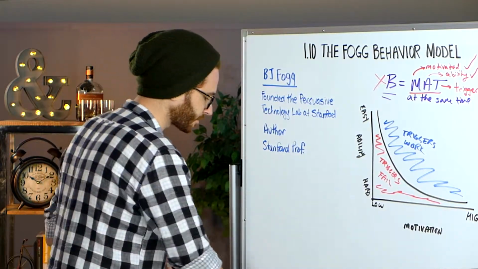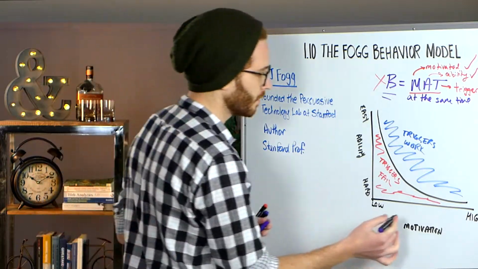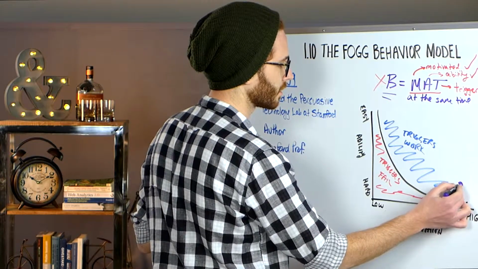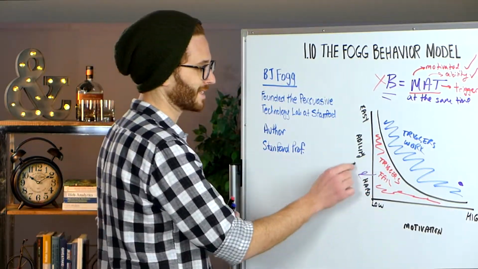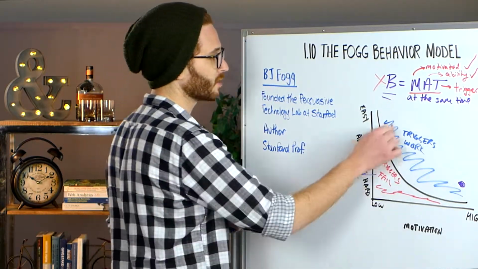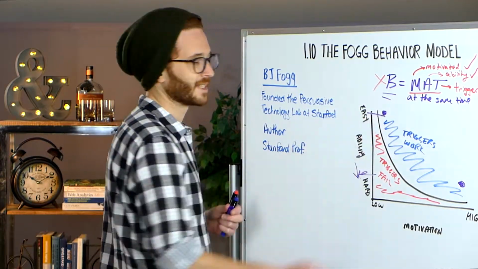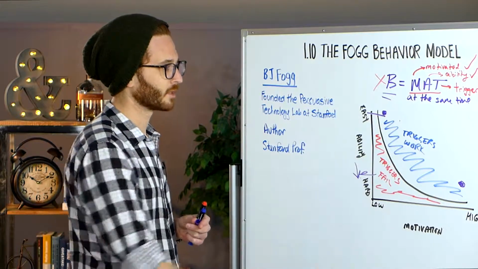So say we have a person who is highly motivated, but it might be pretty difficult, right? So it's a hard task, but they're highly motivated. You could have a person who, over here, has a low level of motivation, but it's a very easy task to accomplish. Once again, the behavior will happen. The trigger is going to work.